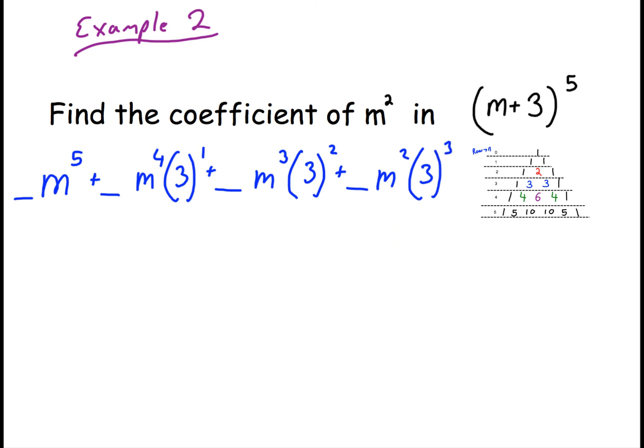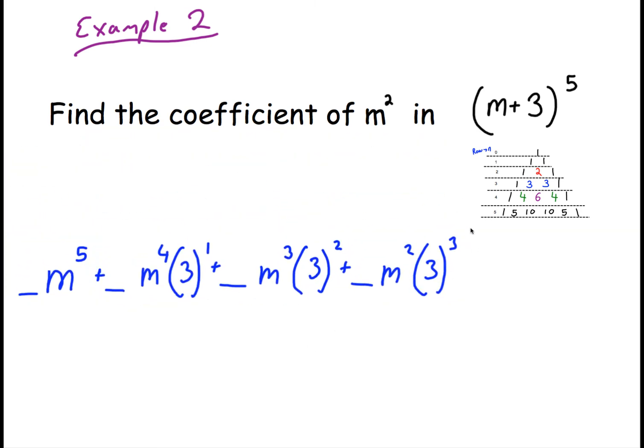Now I could keep on going here, but I'm already at my m squared term, so I don't have to go any farther. So this is going to be plus dot dot dot, and we don't need to know this to answer this question.